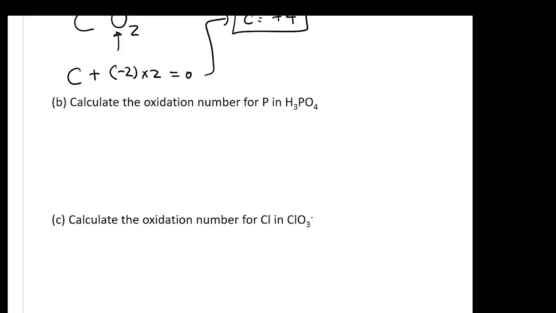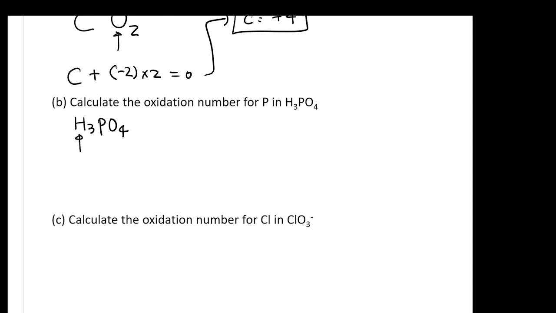So let's do one more practice. H3PO4. Is this a neutral or charged species? Neutral, right? You don't see any charges on the top right corner. So the sum of oxidation numbers of all atoms needs to equal 0.